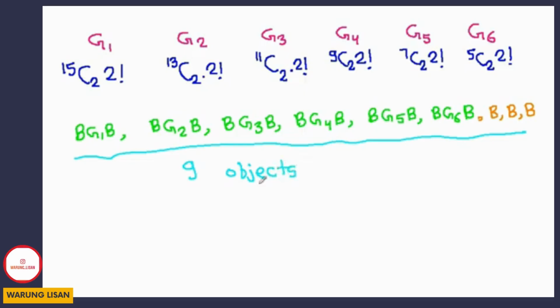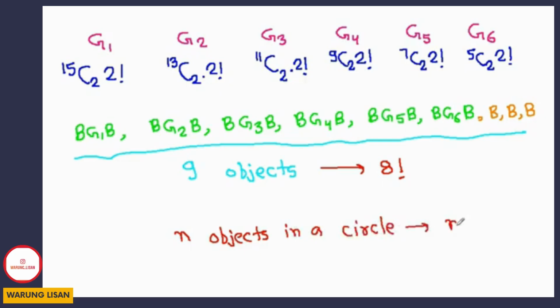So we can arrange these 9 objects in a circle by 8 factorial ways, because the number of ways to arrange n objects in a circle is actually n minus 1 factorial, not n factorial.